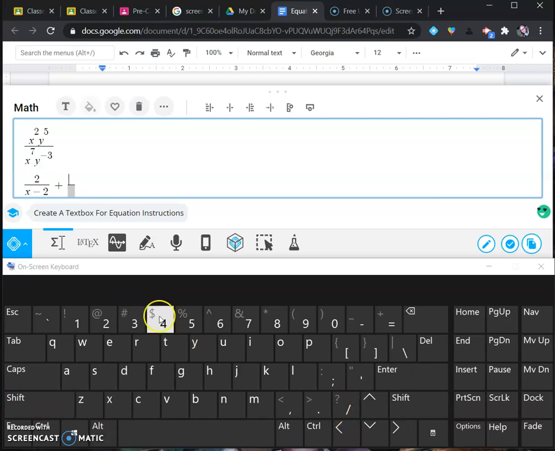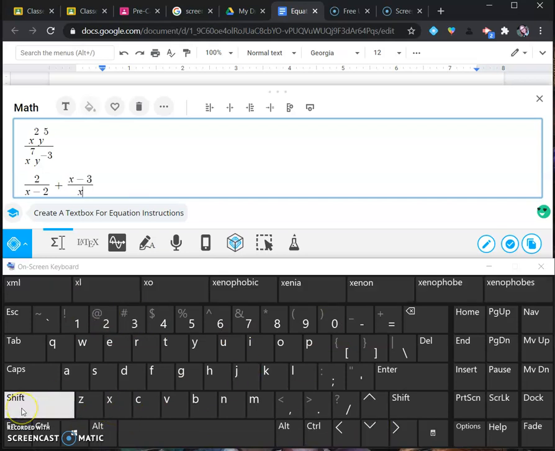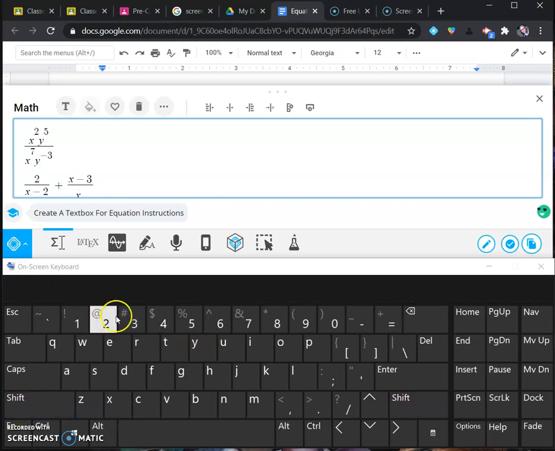This time we'll say x minus 3, and the denominator will be x to the power of 2, x squared, and we can do minus 5x plus 6. Whoops, I wanted the 6. There we go. Arrow key to the right. We could say that this whole thing equals 1, or whatever else you want.